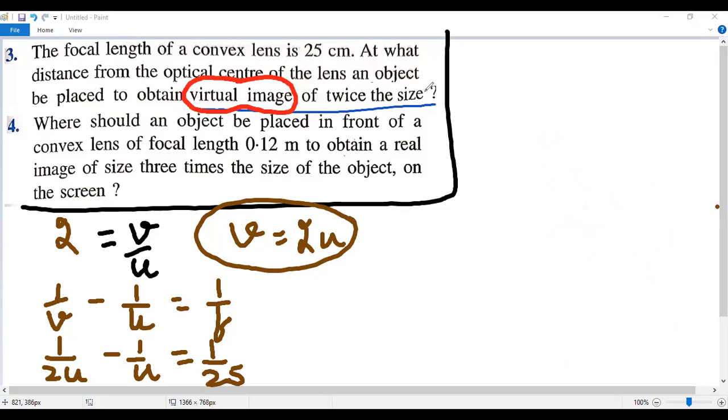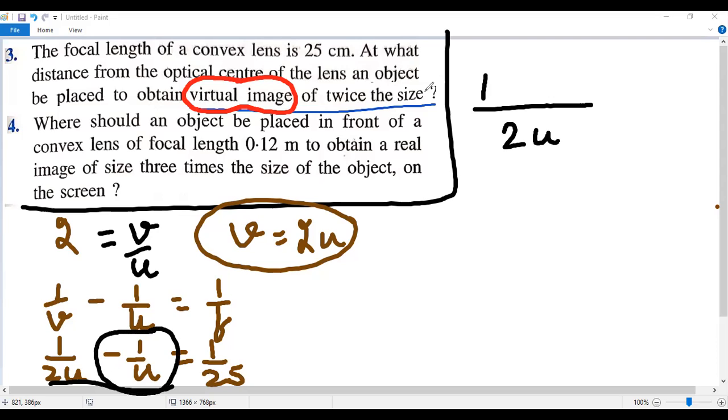But since the question is to find the distance of the object, so let us take the LCM first. The LCM of 2u and u will be only 2u. Since u is common in both the terms, it will come as it is, while we will take 2, the other term, to be in LCM. So here it is 1 only. What shall I multiply this denominator such that answer should come 2u?